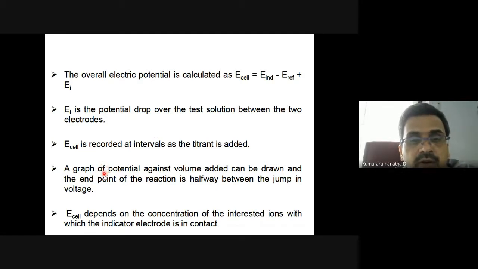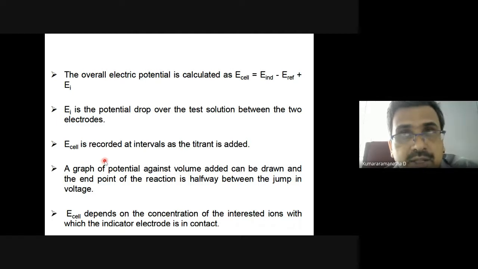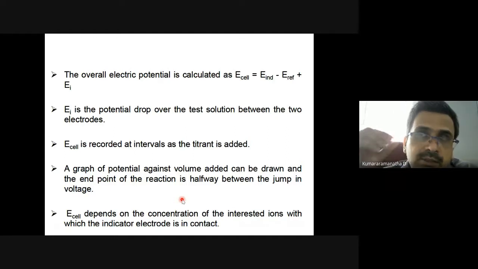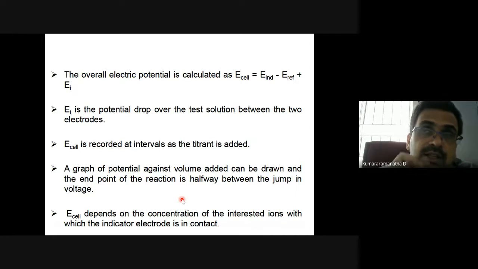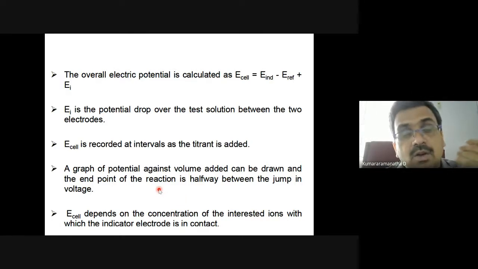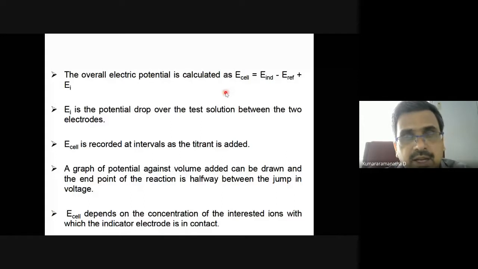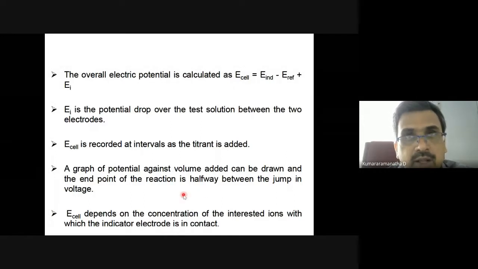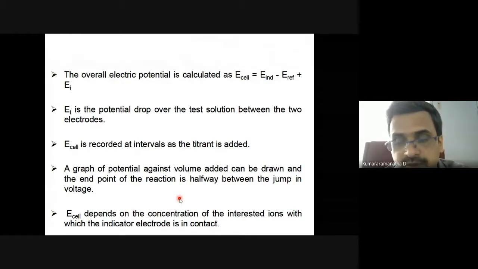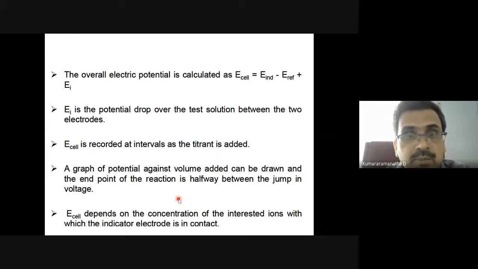Then we measure the electrochemical cell of the complete reaction. You have already seen how much volume you add versus the change in electrode potential. From the jump, you can easily calculate the volume followed by the concentration. I do not want to elaborate more, but this is how we can do all these potentiometry based titrations.